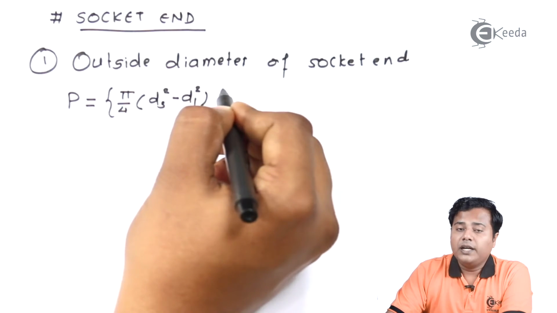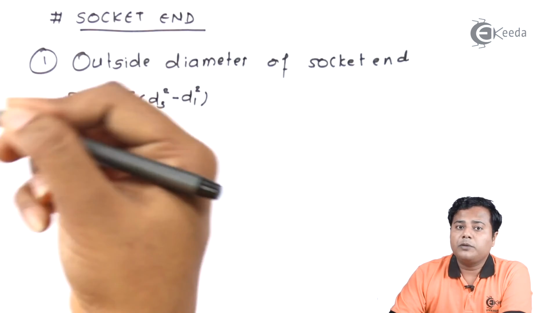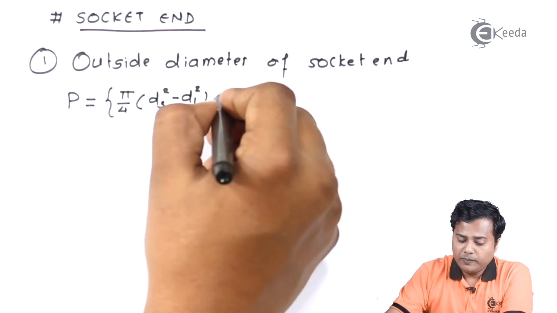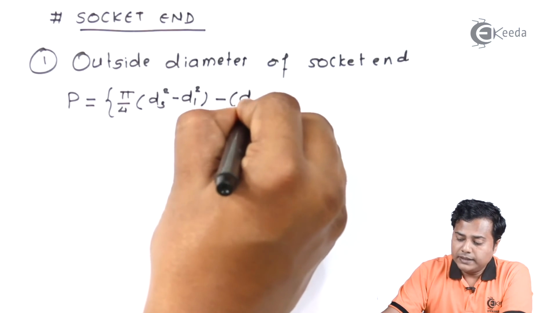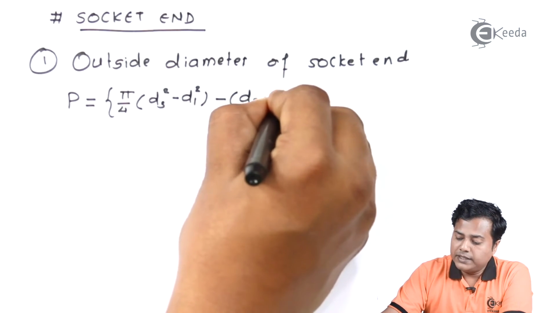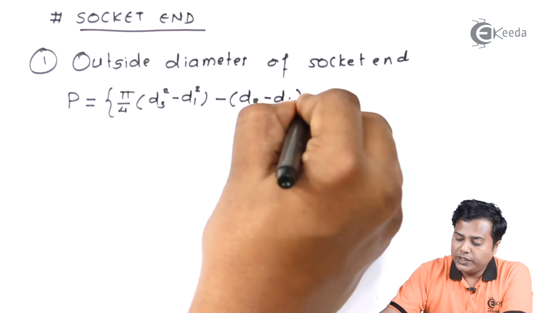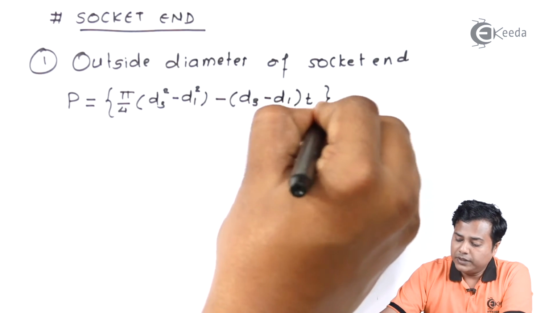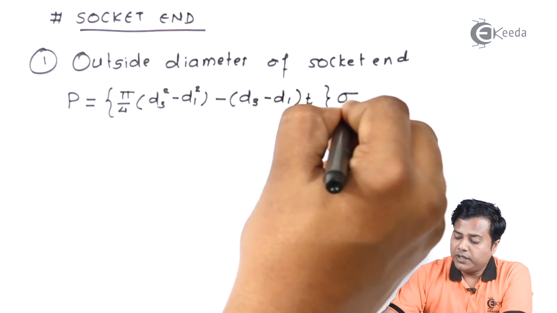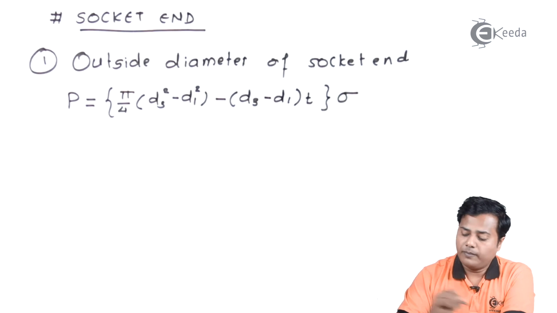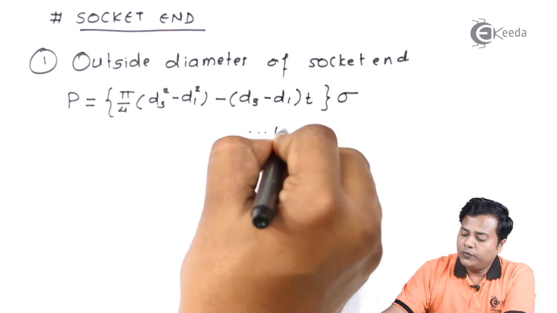Now we know that d1 is the diameter of spigot, so it is d3 minus d1 into thickness t into sigma in tension. So here your unknown will be d3.